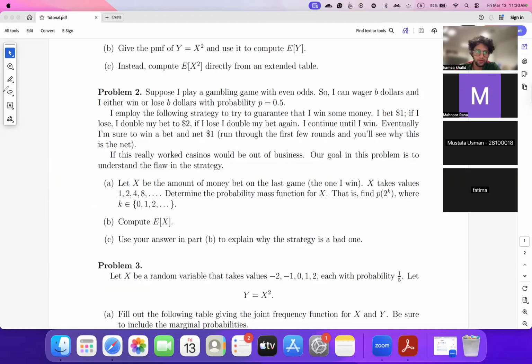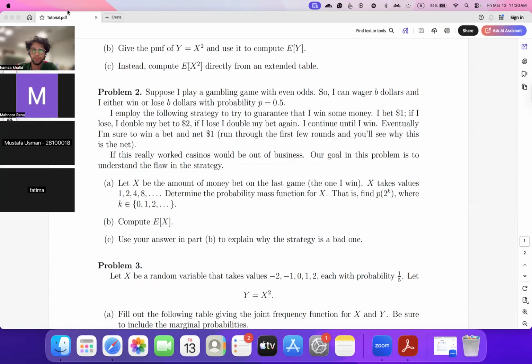So the question then asks you, if this really works, casinos run out of money, etc. Let X be the amount of money bet on the last game, the one that I win, right? X takes values 1, 2, 4, 8, and so forth.